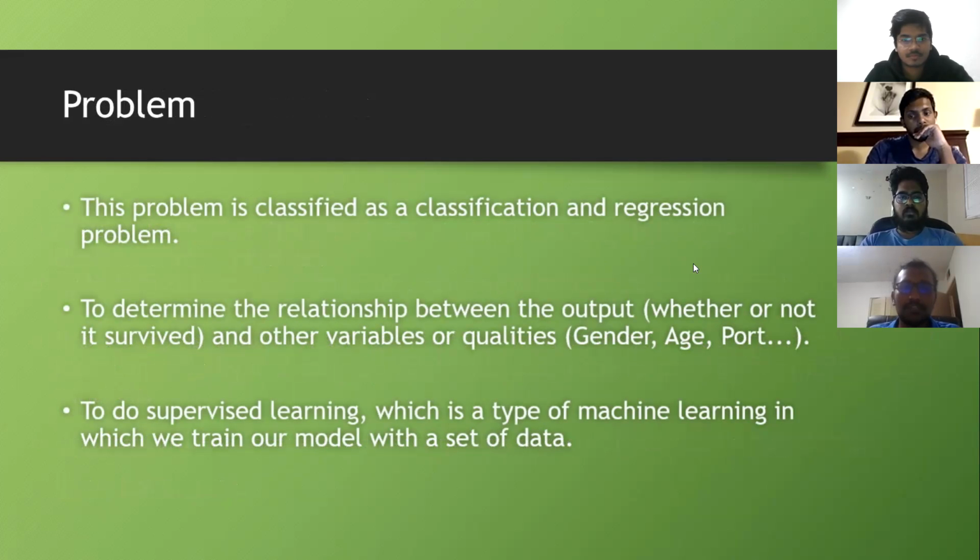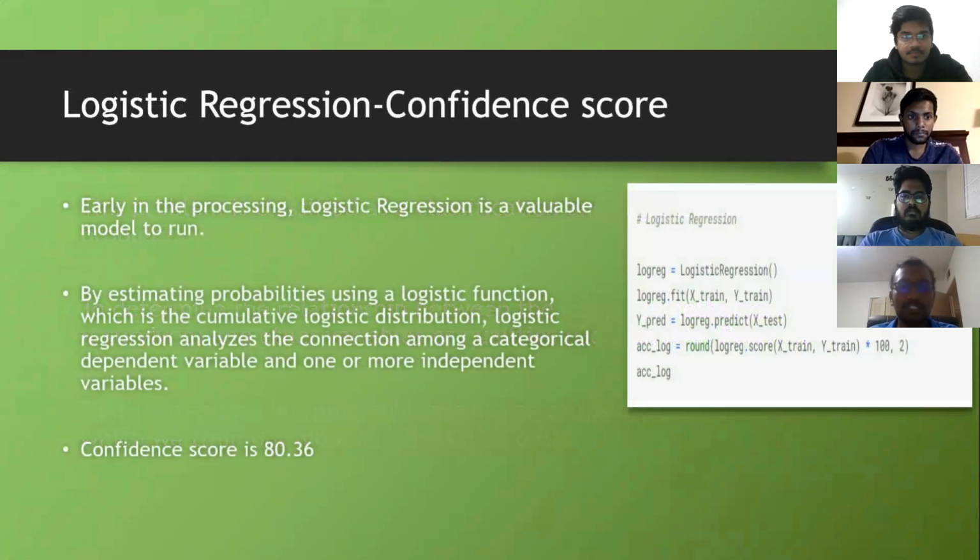The main problem is to determine the relation between the output and the other variables and quantities. For each type of data set, we have multiple rows and columns. Based on that, the main criterion to select the machine learning algorithm is for which kind of data we need to apply which kind of logic, and that has to be finalized.